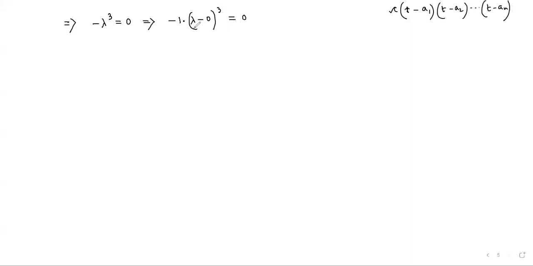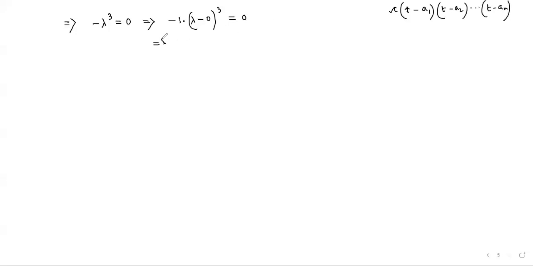Now, if I want to write this minus lambda cube equal to 0 in the form of splitting of the characteristic polynomial, you can write it as minus 1 into lambda minus 0 to the power 3, which is equal to 0. I am trying to write it in the following manner: c into (t minus a1)(t minus a2) ... (t minus an). Okay.